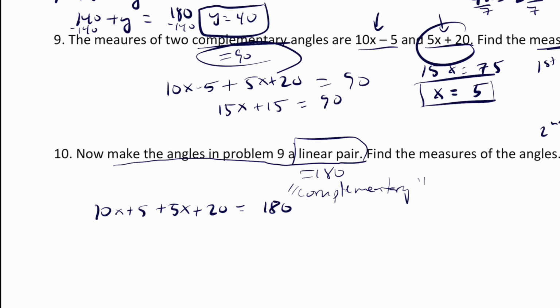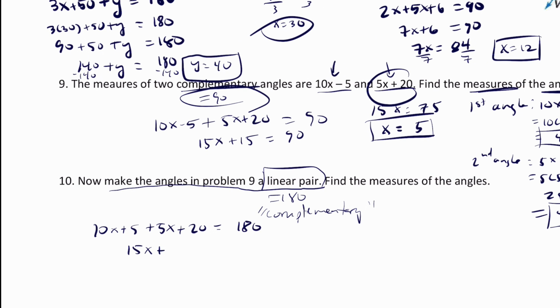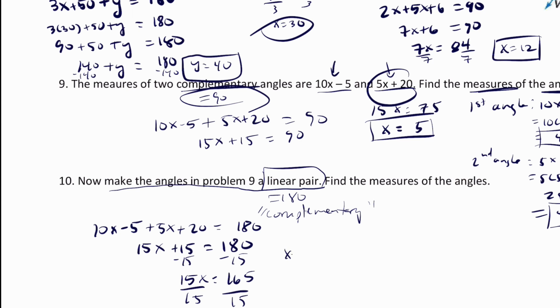Combine the like terms, you should get 15x plus 15, which is equal to 180. Subtract both sides by 15, and I will get 15x equals 165. Divide both sides by 15, and I will get x is equal to 11.